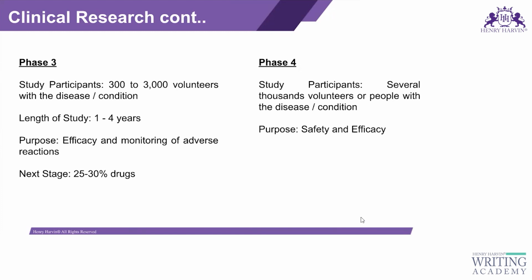Then the phase 4 study begins once the drug is in the market, with several thousand volunteers or people with the disease condition. The main purpose of these pharmacovigilance or post-marketing studies is to get more knowledge about the risk and benefit, or the efficacy and safety, of the drug.